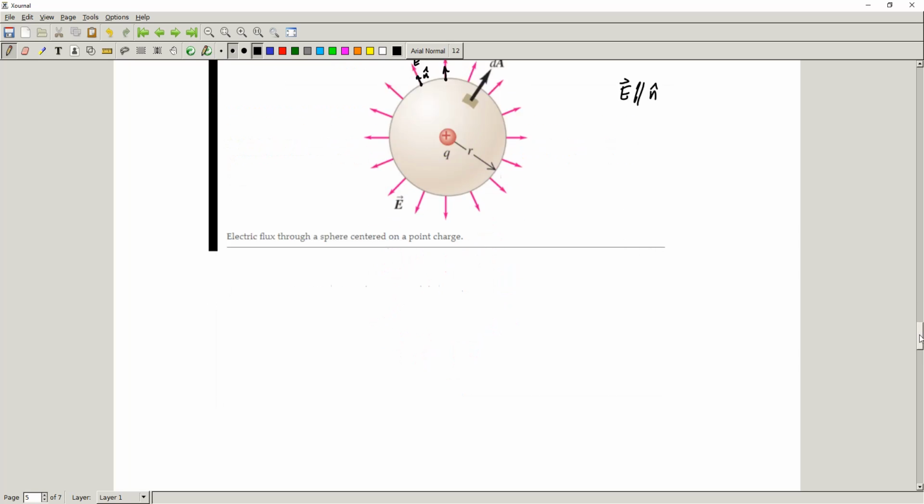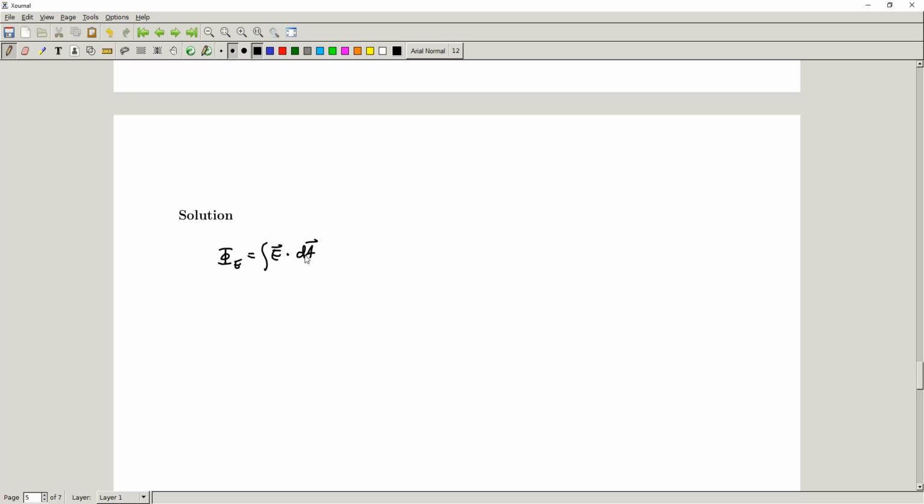So we started off with this, but it turns out that the dot product is just going to end up giving us magnitudes, right? And so because of symmetry, this is going to end up being this, right?